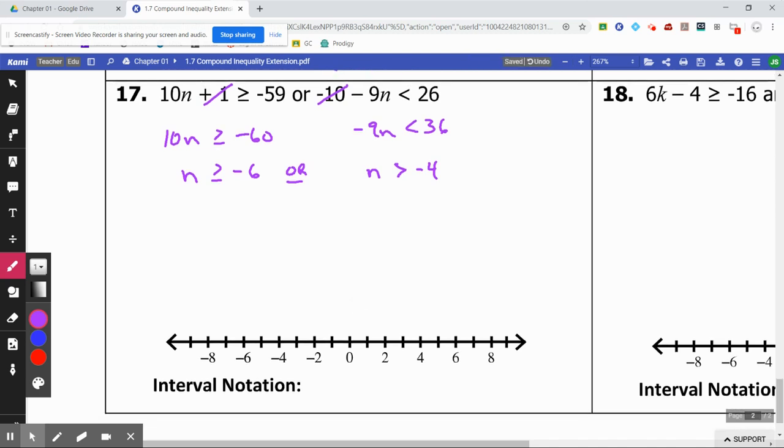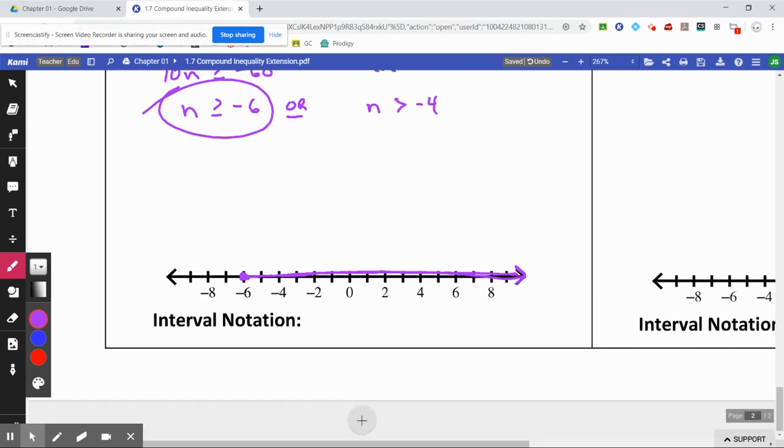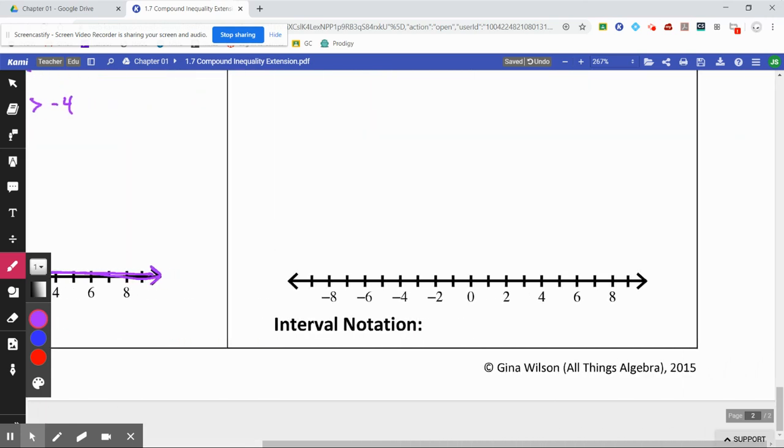So n can be any of these numbers, or n can be any of these numbers here. Well, we've already said those numbers. So pretty much putting the two groups together would just be any number from negative 6 to infinity, including negative 6.